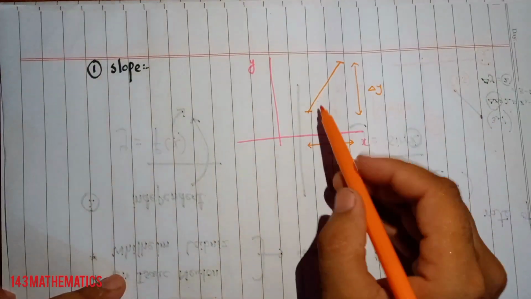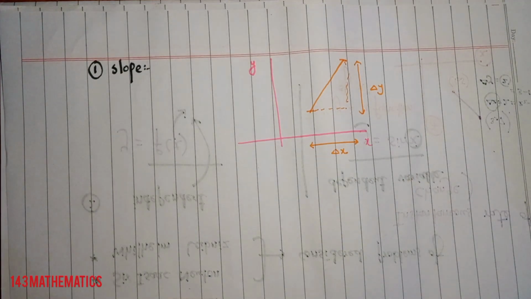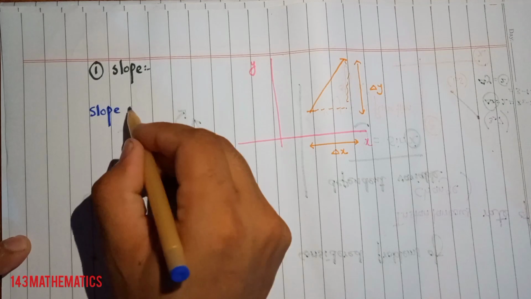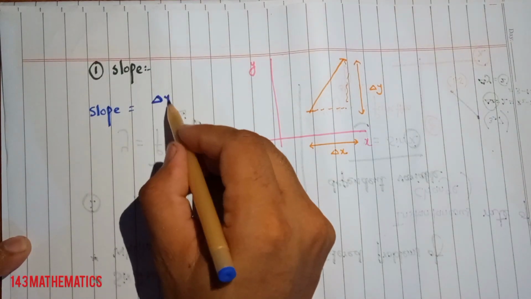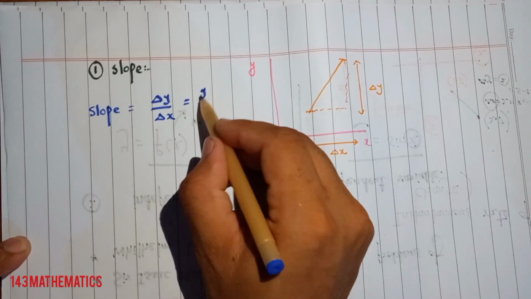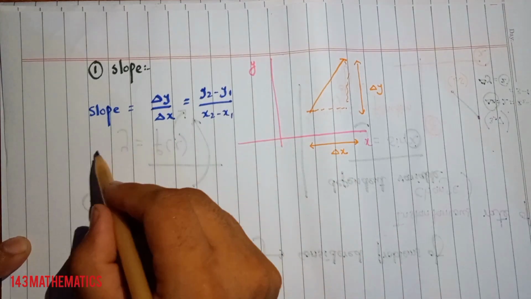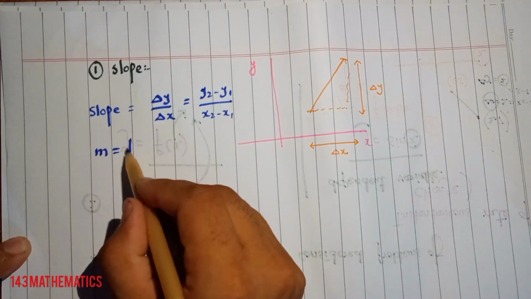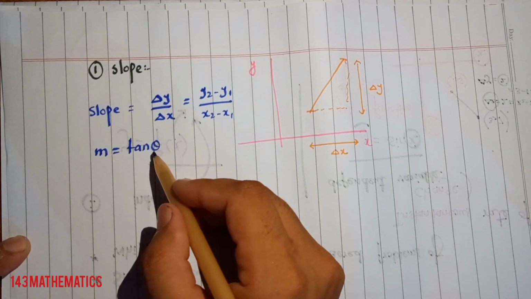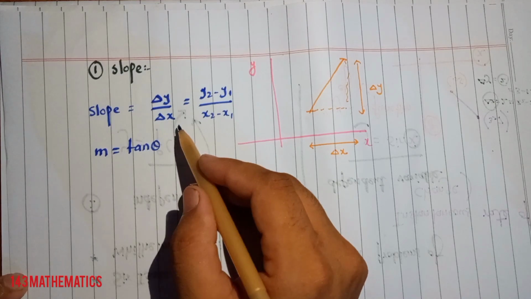So slope is equal to change in y divided by change in x. We can write it as y2 minus y1 over x2 minus x1. Similarly, we can write slope m is equal to tan theta. So basically slope is change in y divided by change in x.